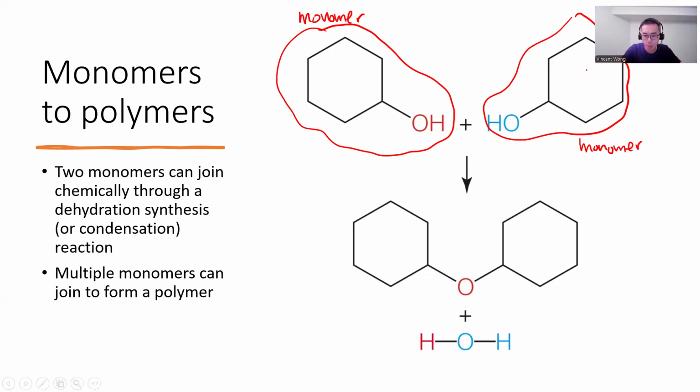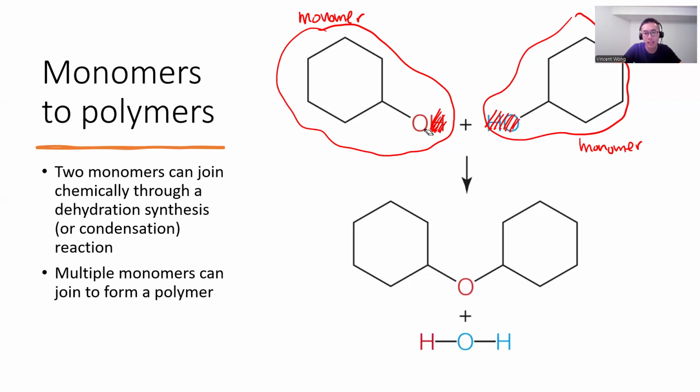Many of these monomers, these building blocks that we're going to be looking at, would have an OH on them, an oxygen and a hydrogen. If you want to glue the monomers together and join them chemically, you need to remove a hydrogen from one of them and an OH from the other.